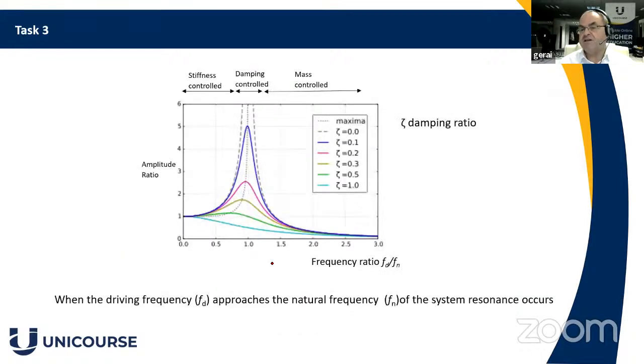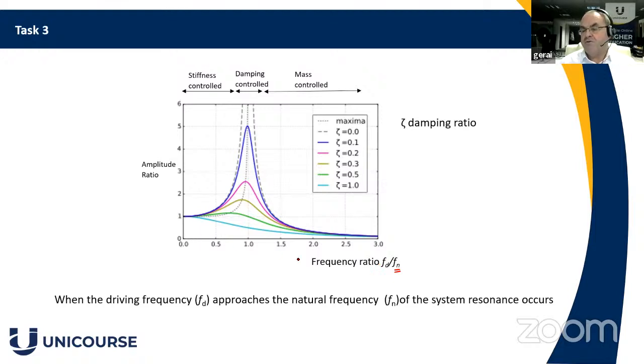Right, what that gives us, if we were to plot that with changing driving frequency, so if we have a system, we have a driving frequency FD, and we increase that, the natural frequency won't change, that's constant, but we can increase and decrease the driving frequency. So it could be a compressor, variable speed, out of balance load, so whatever it is, we can change the frequency of the driving out of balance force.